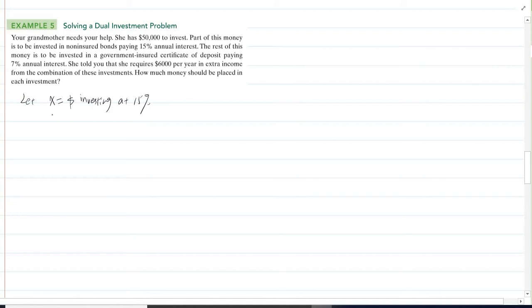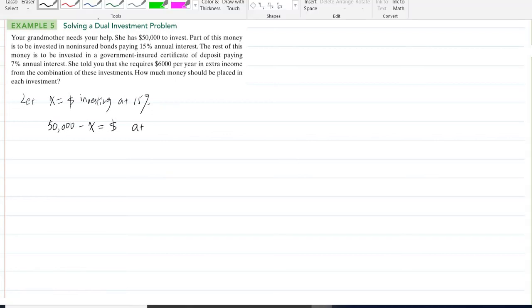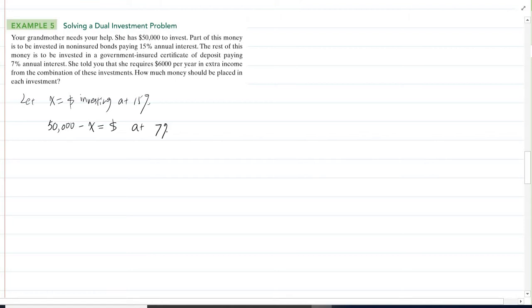If we are investing x dollars at a 15% interest rate, the rest of the money, which means the $50,000 minus the x dollars, we're going to invest at the 7% interest rate.